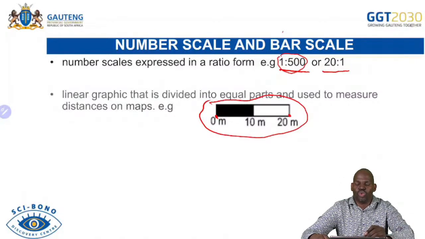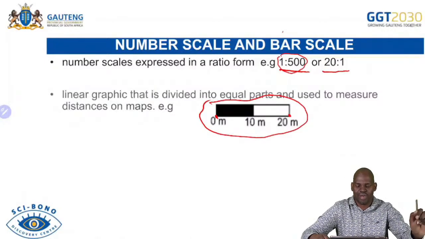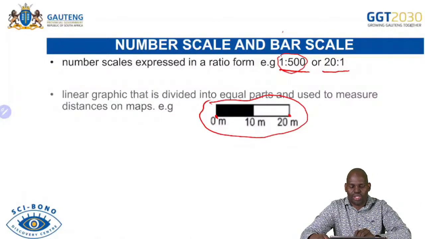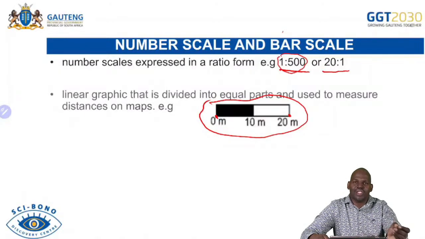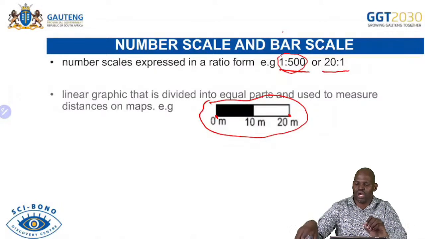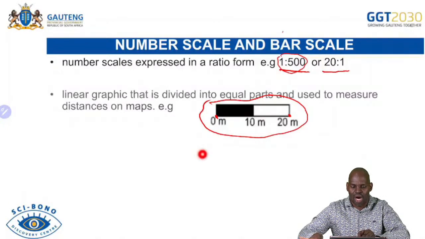What you need to do is use a ruler, and please make sure that for this section, boys and girls, you always have a ruler with you and a pencil. So we've got 0 to 20. Then you need to measure it with a ruler, either in centimeters or millimeters. If I measure the one given here in millimeters, I get about 40 millimeters.